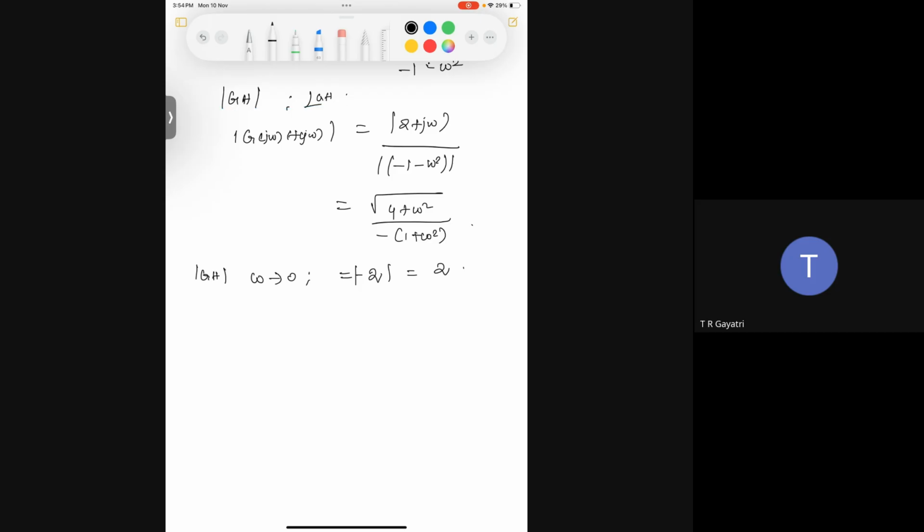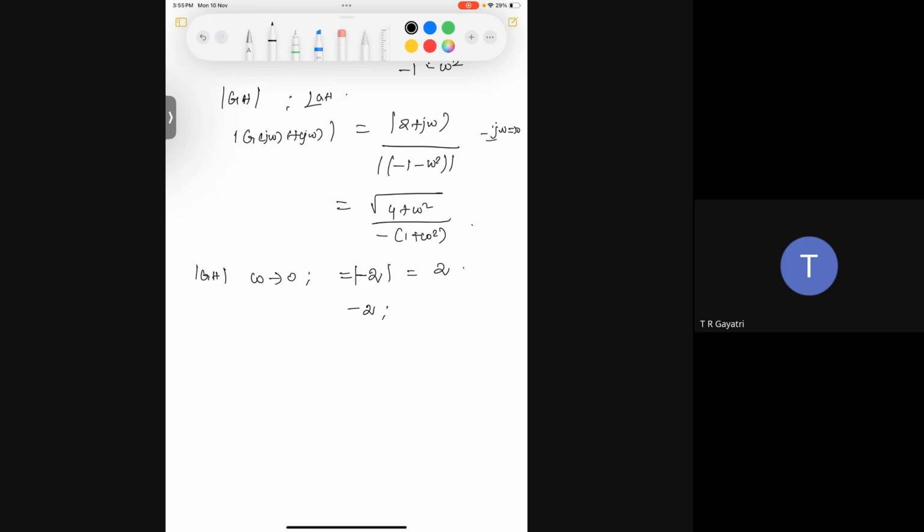So if I check the angle here for the same, for angle we will take the sign, right? Not absolute value. When you check the absolute value, this will become, instead of here, substitute omega equal to 0.